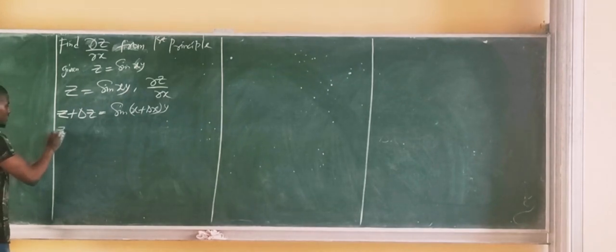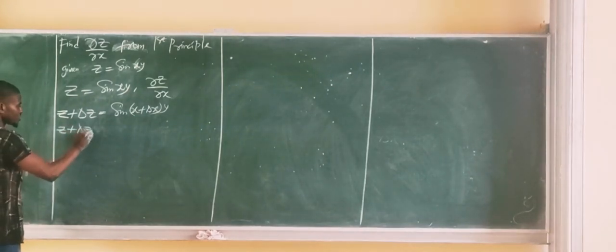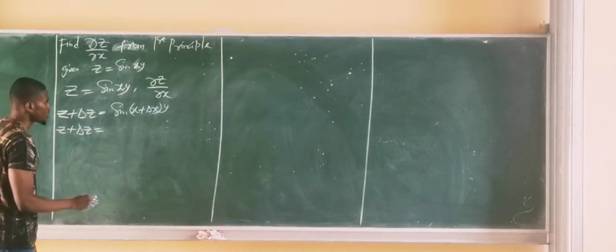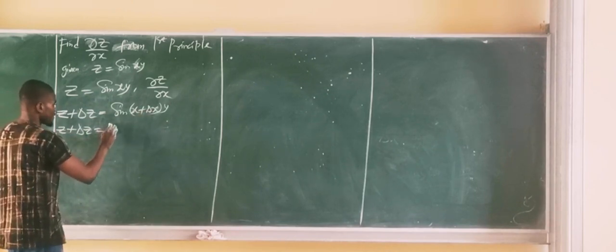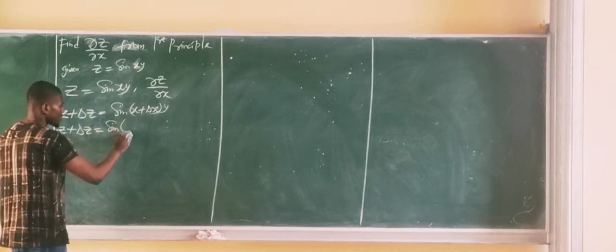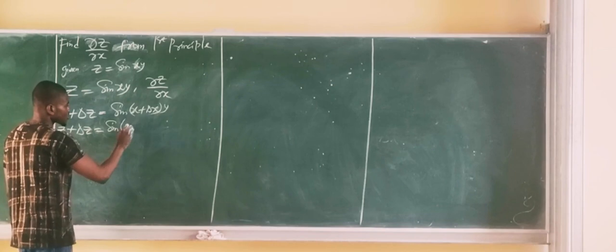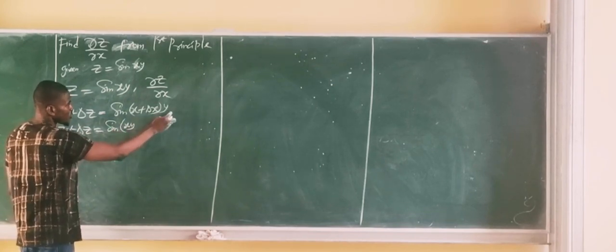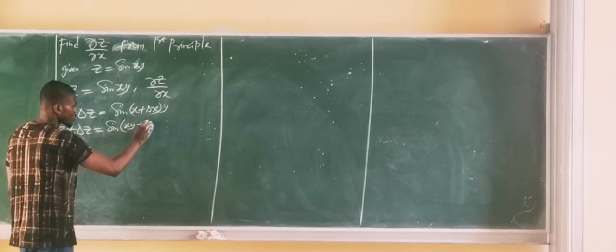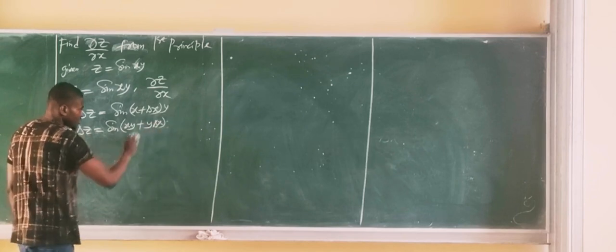So z plus change in z is equal to, if we expand this bracket, sine (xy plus y change in x).